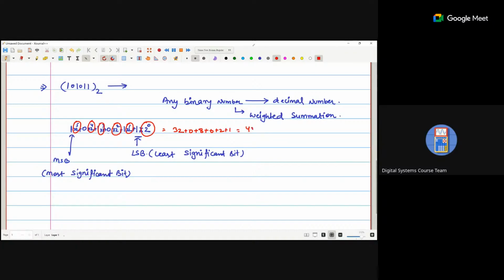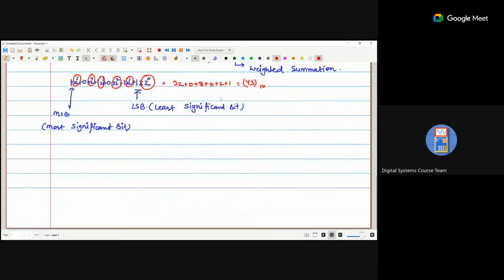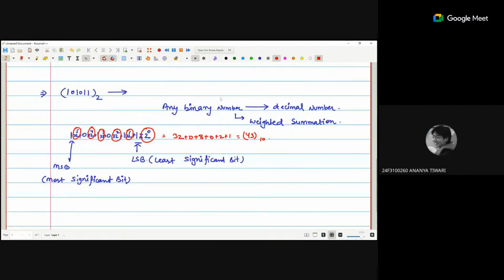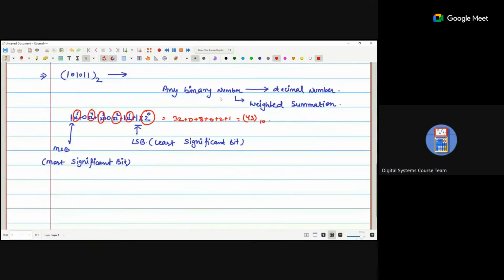So it is 43 of base 10. This is the conversion from binary to decimal.